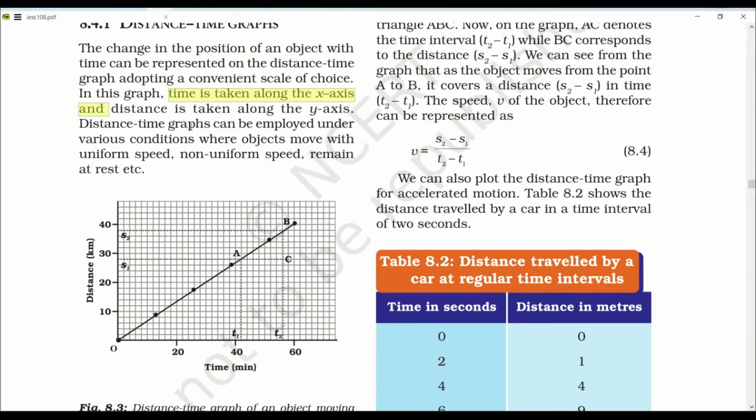A distance time graph can be employed under various conditions where an object moves with uniform speed, non-uniform speed, or remains at rest. So, what can you understand from a distance time graph? You can understand whether the object is in uniform speed, non-uniform speed, or is at rest. These three things you can understand after looking at the distance time graph.